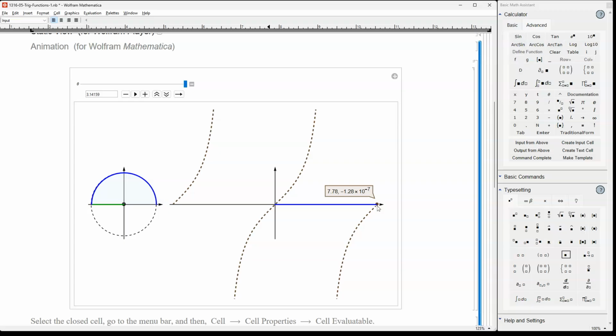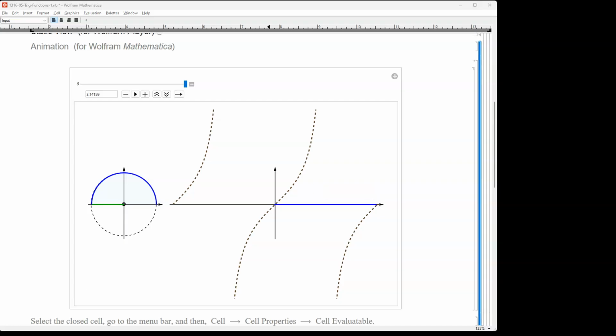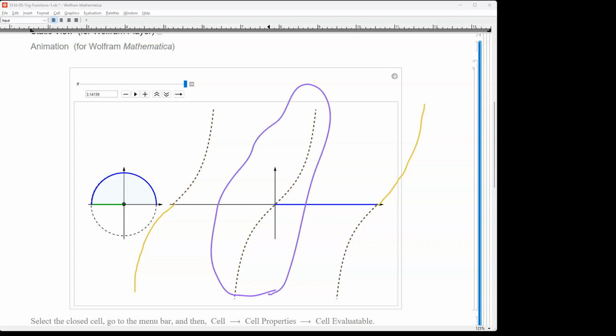And then further, this part can be expanded further like this, and that too is expanded further like this, and so on. So consequently, what we have is the principal branch over here from negative pi to positive pi.